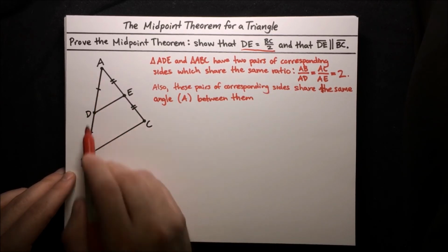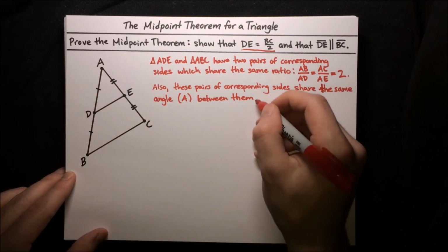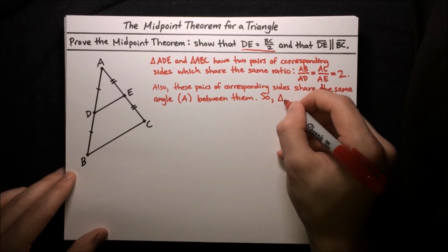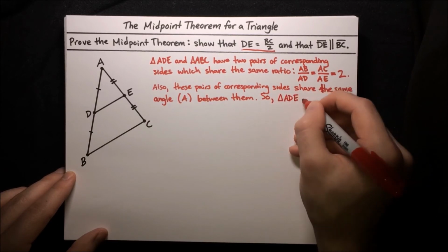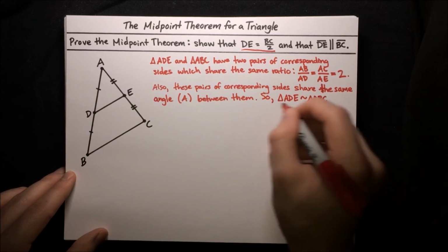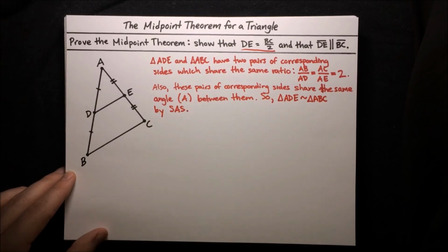Angle A is between AB and AC. Also, angle A is between AD and AE. So we have that triangle ADE is similar to triangle ABC by side angle side.